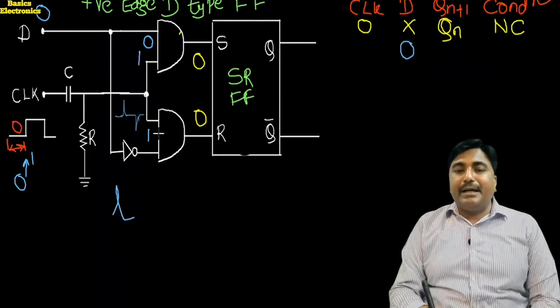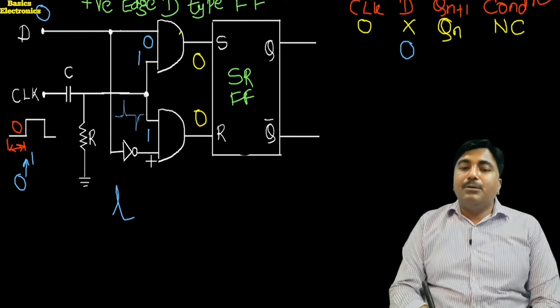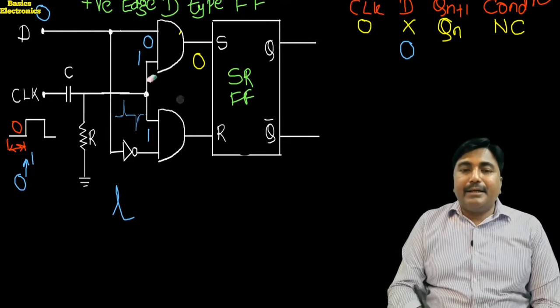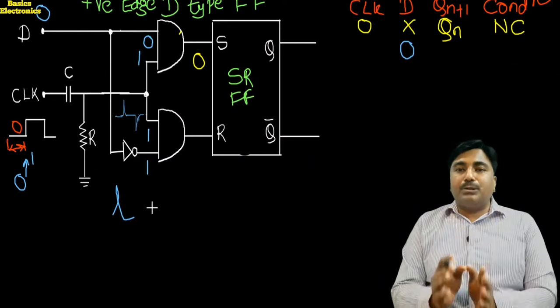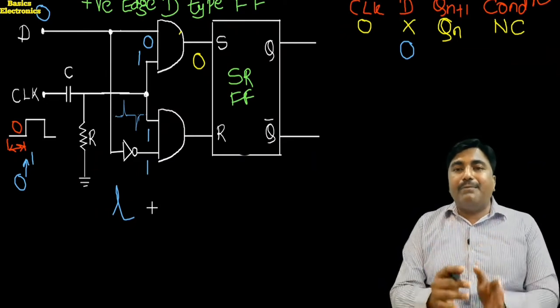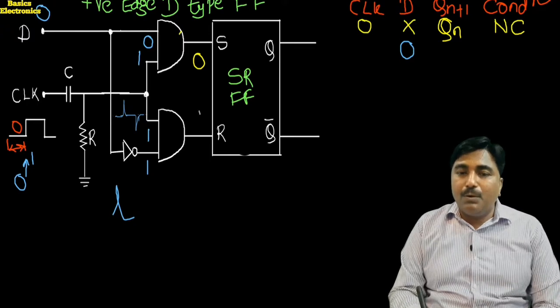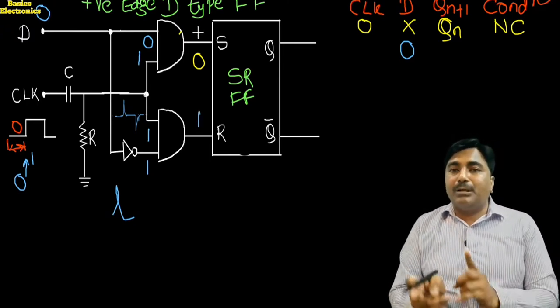At that time, one input of the upper AND gate and one input of the lower AND gate are both 1, and here the D input is equal to 0, which means D bar is equal to 1. Both inputs of the lower AND gate are 1, so it produces the output equal to 1, and the upper AND gate produces the output equal to 0.